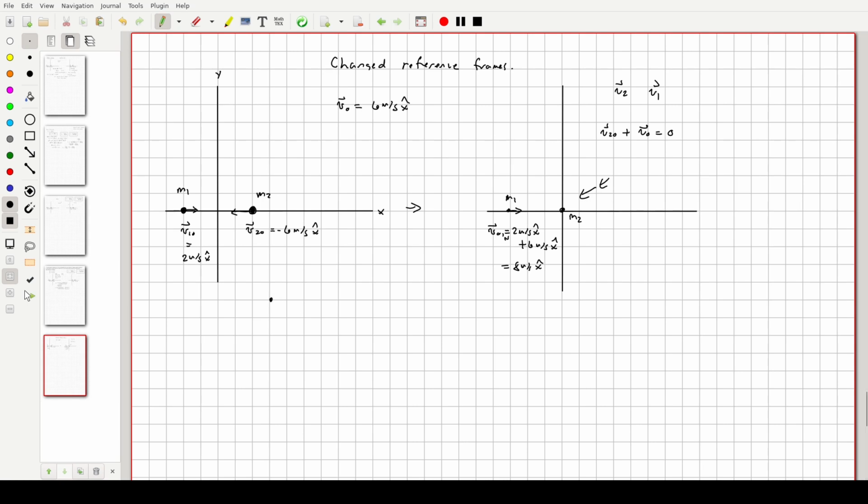Okay, so the procedure that you have here is to put one mass at rest by adding velocity to it, and then work the problem, and then transform back to the original frame by subtracting the velocity.